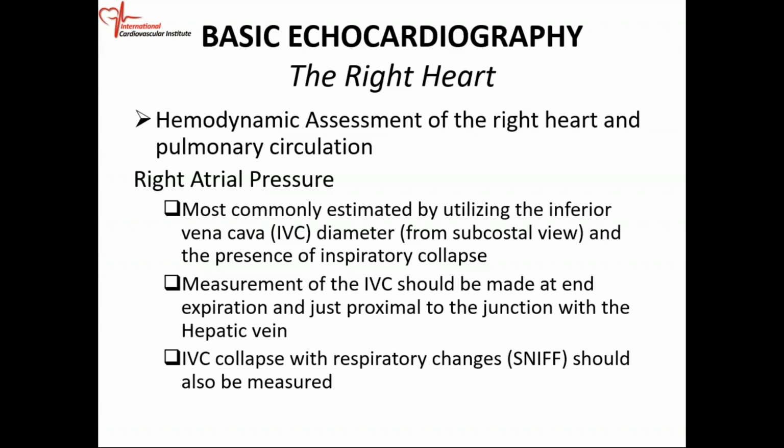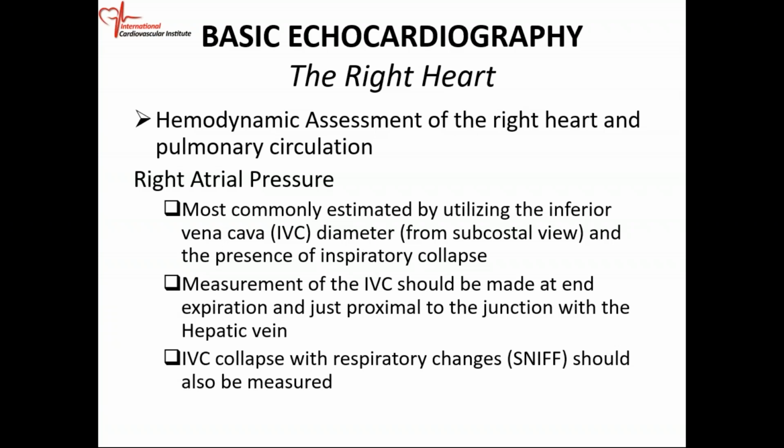Because if you remember, one of the important things, especially when you're talking about tamponade and constrictive pericarditis, is the size of the IVC. Because if it's enlarged and not collapsing, it's telling you that you have significant right atrial pressure. So you're going to measure the IVC at the end of expiration, and you should do these measurements just proximal to the junction with the hepatic vein.